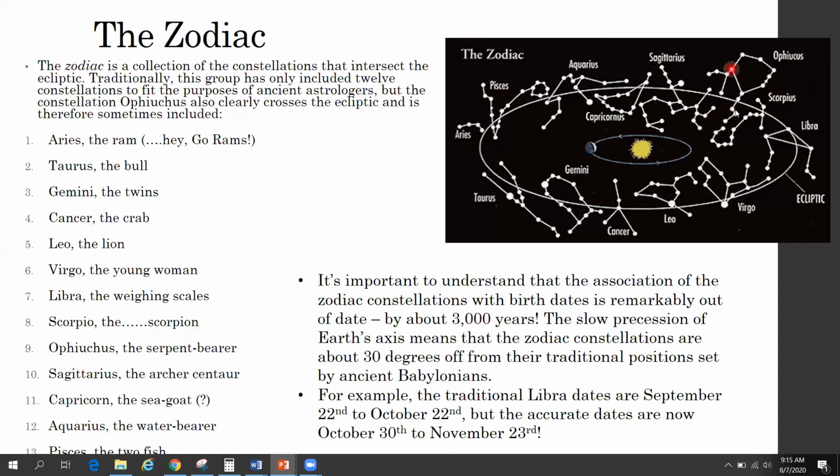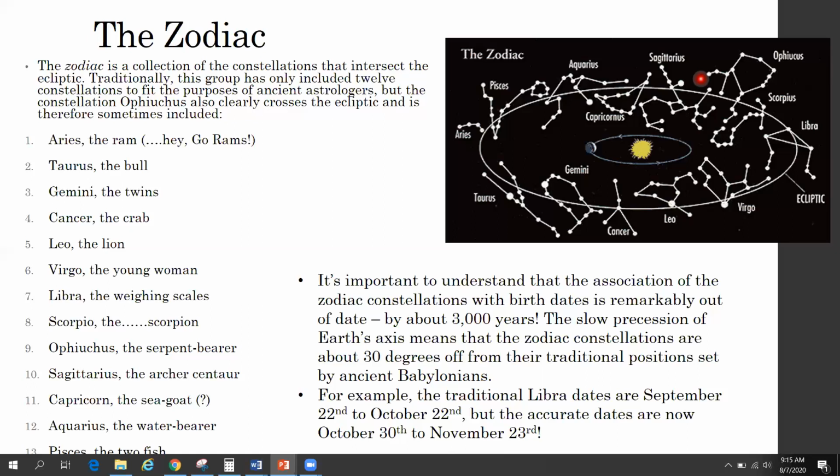It's right here on the diagram, and it's a guy holding a serpent or fighting a serpent, and that's what the constellation represents. But it's historically been ignored by astrologers, although you can't really argue that the sun doesn't cross its path. So from an astronomical, scientific perspective, it definitely would belong to the zodiac.